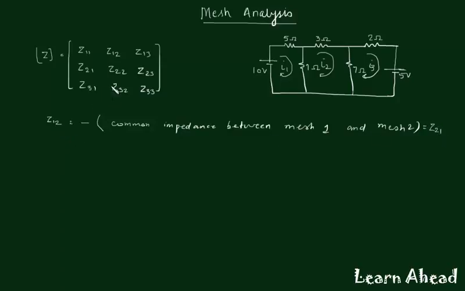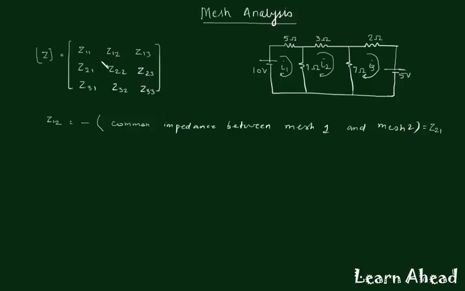Similarly, you can define Z13, that is minus of the common impedance between mesh 1 and mesh 3, and Z23 as the negative of the impedance common between mesh 2 and mesh 3. And these elements like Z21 will be equal to Z12, Z31 will be equal to Z13, Z32 will be equal to Z23.